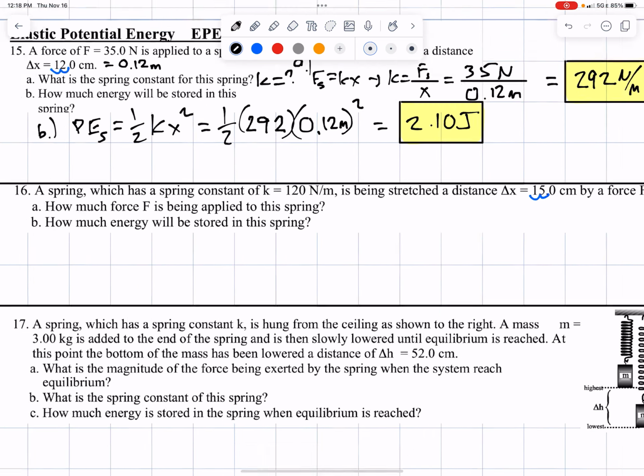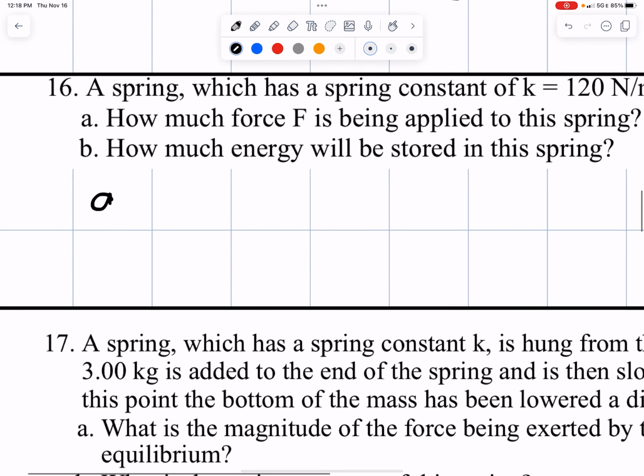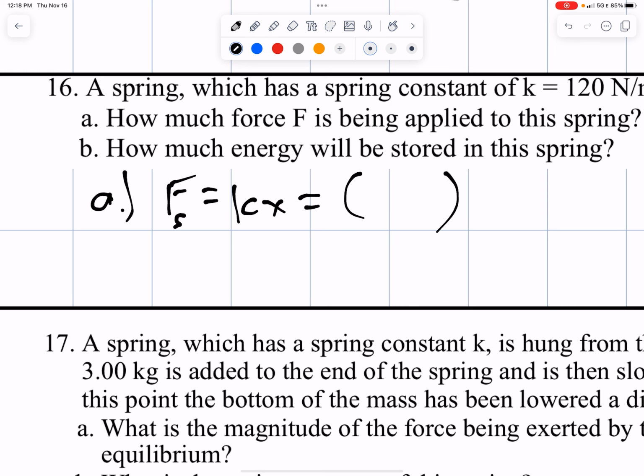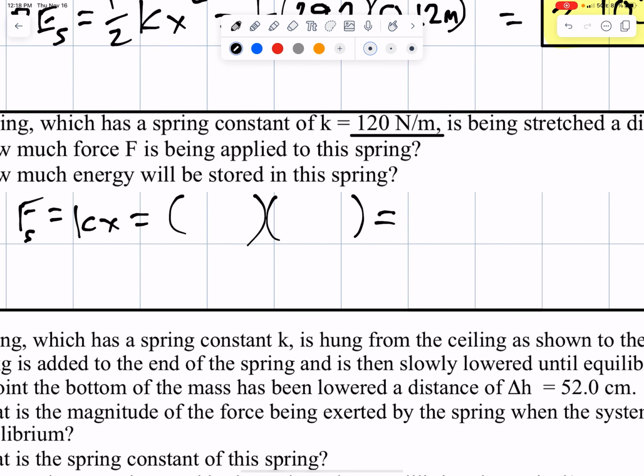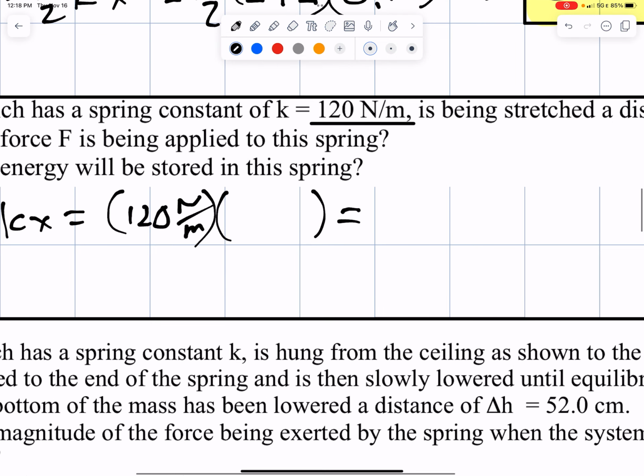Okay, so how do we find part A? Well, spring force is K times X. K, as you can see, is 120 newtons per meter. Okay, and the stretch is going to be 0.15 meters.